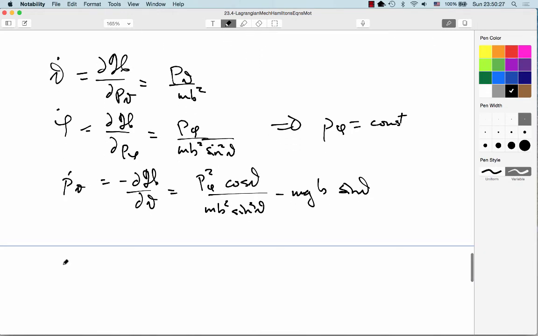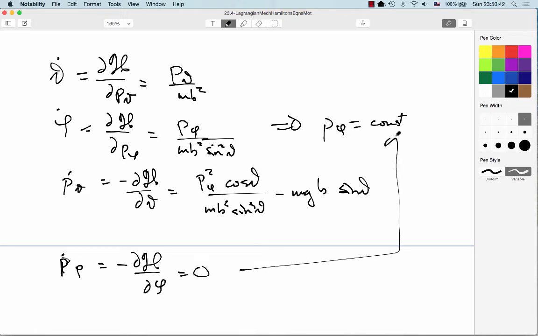And then finally p phi dot is equal to minus partial h partial phi, which is 0, so that just told me what I already saw before, that p phi is a constant.